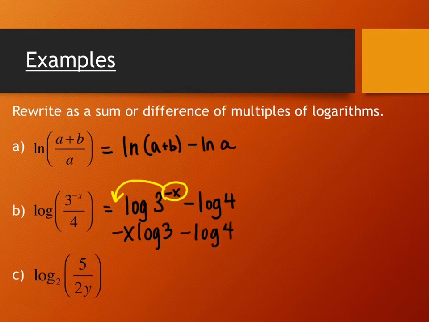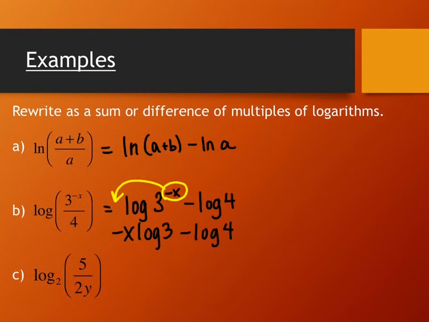Now, as you're looking at that, as your final answer, you might say, well, now wait a minute. The sign at the beginning is negative, right? And you just told me on the last slide that a negative goes in the denominator, right? And I did. But think about it. If you were to take this original expression, it has a negative exponent.